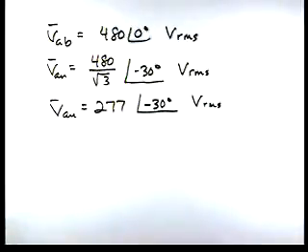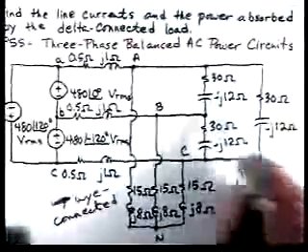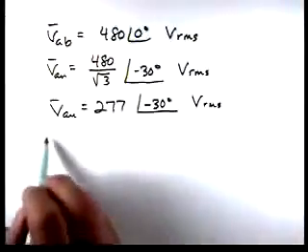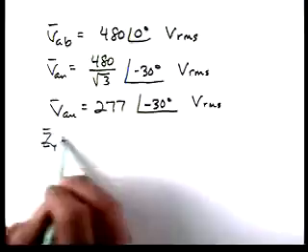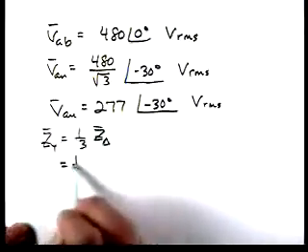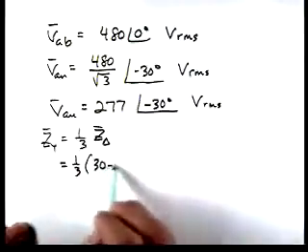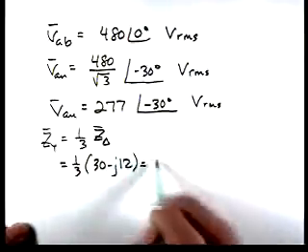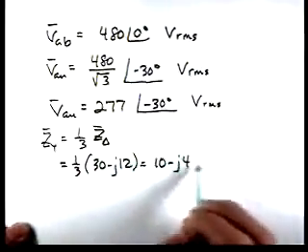We're going to draw the A phase circuit, and we need to convert this load to a Y. The way we do that is ZY equals 1/3 Z delta. So we have 1/3 times 30 minus J12, which is 10 minus J4.